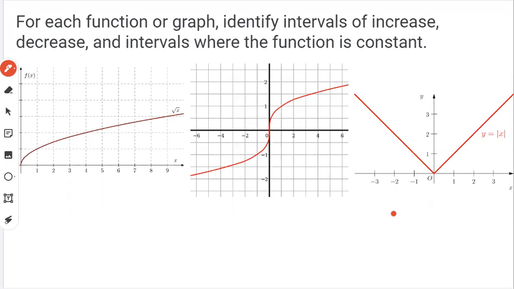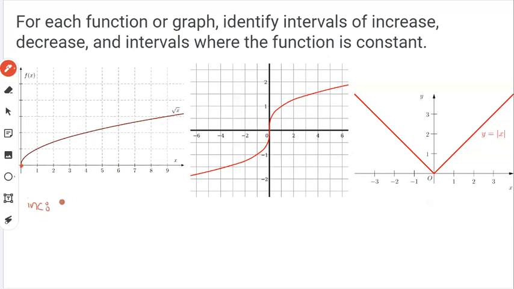So for the first function, this is the square root function. We start right here at the point 0, 0, and we go up from there. And we keep on going up, right? So this function is increasing on its entire domain. Now, we can't write all real numbers, because the function is not defined for negative numbers. So we pretty much have to start at 0 and go to the right.